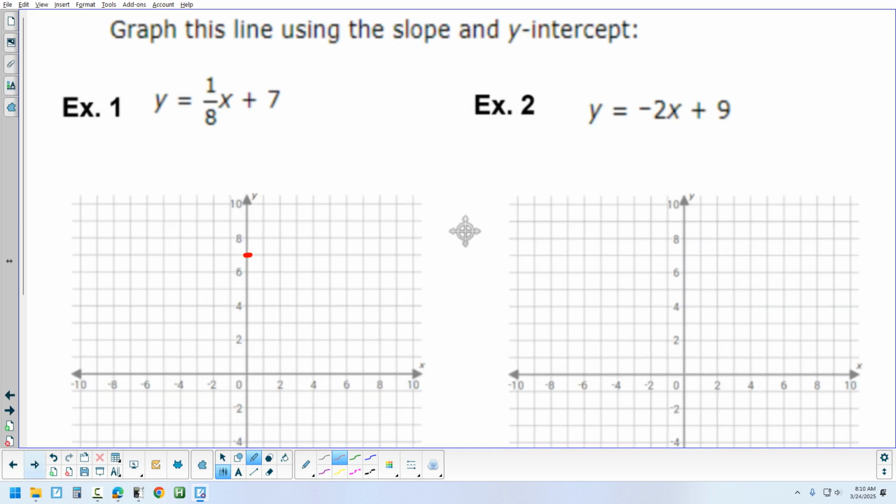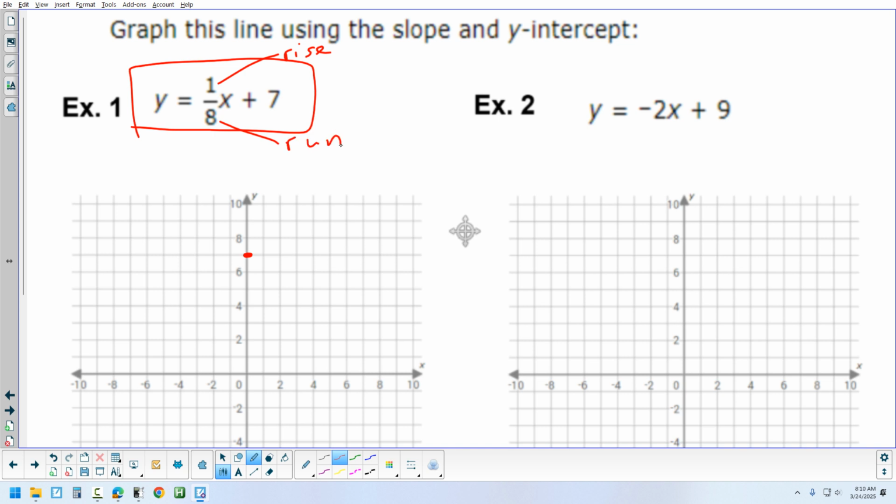What is my slope in that example right there? Yeah? 1/8. And what's the 1 called? That's the rise. And the 8 is my, yeah, run. Yep. Rise over run.